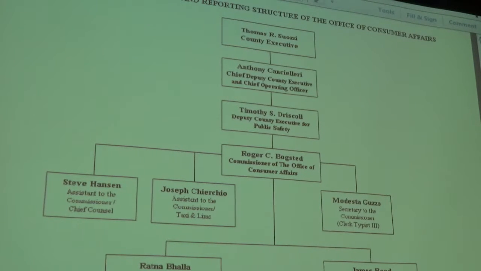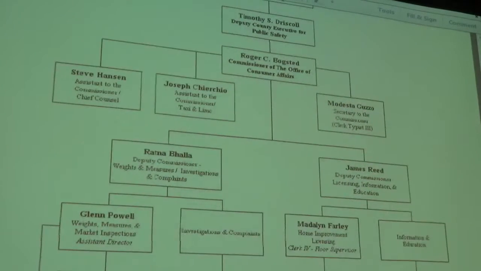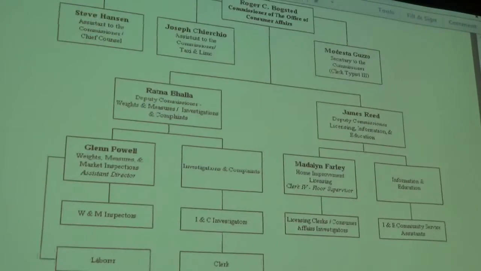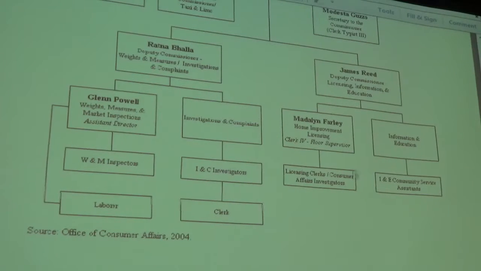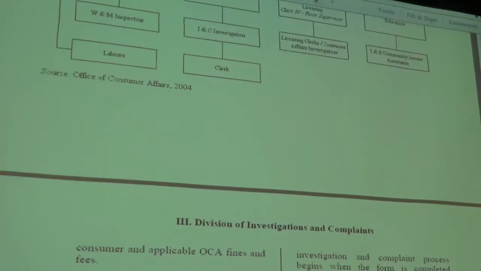Steve Hansen is gone. The person who is now the commissioner of the organization is Madeline Farley, who was in charge of home improvement licensing.